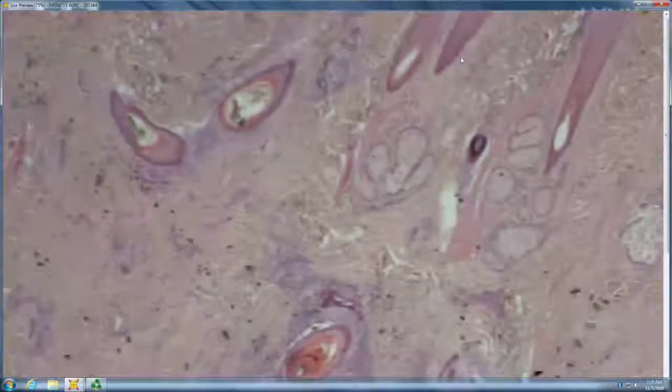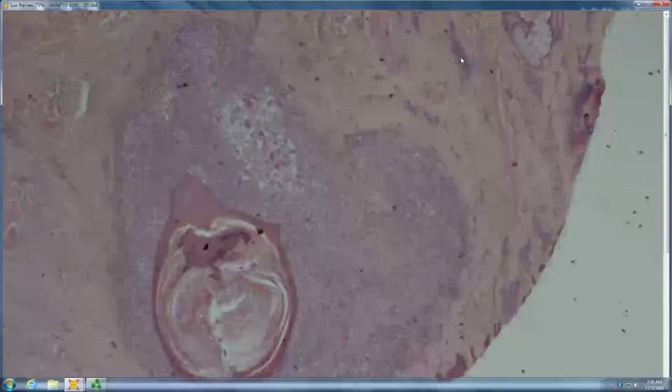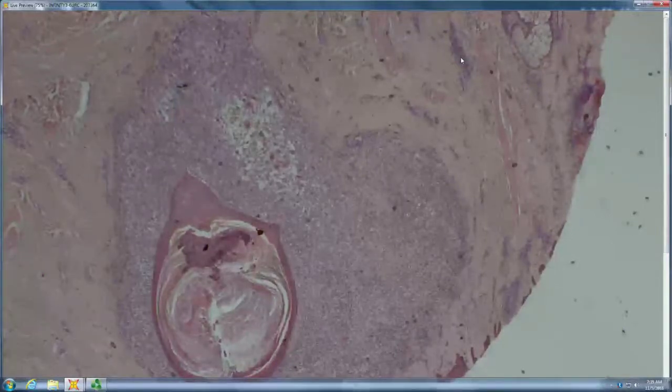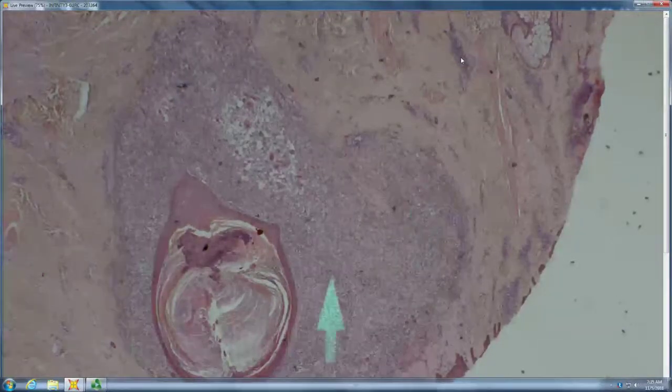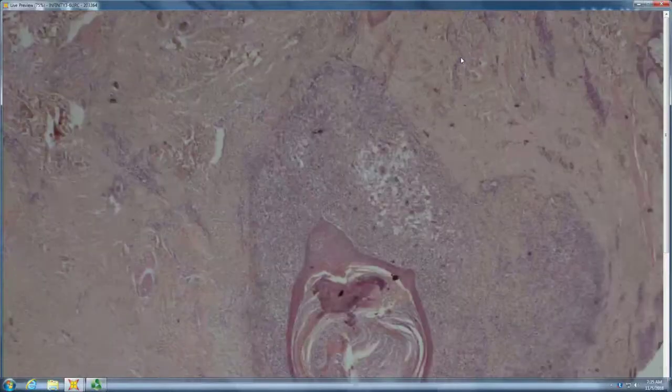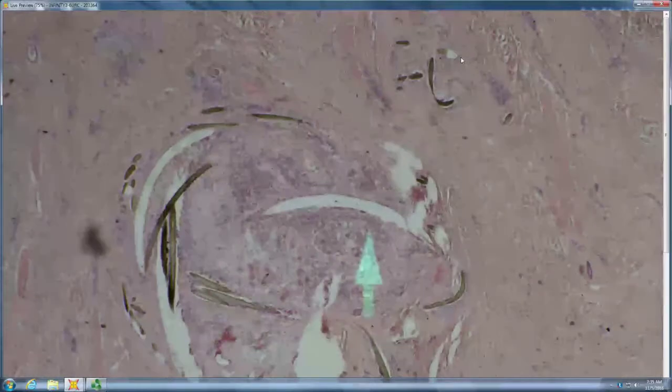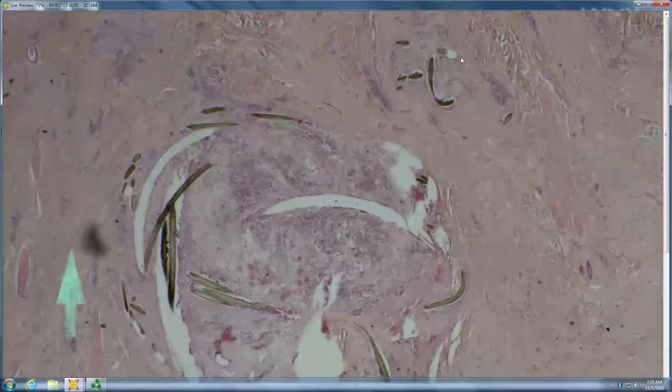Okay, we've been looking at small biopsies. This is a big biopsy, right? And what do you see? I see inflammation around hair follicle. Inflammation around the hair follicle that's lymphoid, suppurative and granulomatous. And what else do you see? Free hair shafts. Free hair shafts, and they're straight up and down, right?